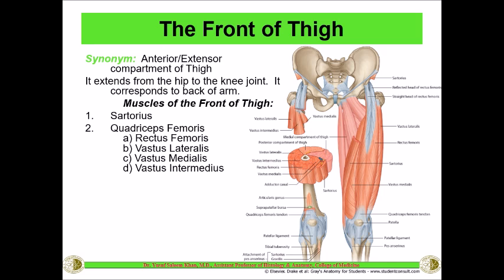Quadratus femoris is present in the gluteal region, and the name quadratus has come because of the quadrilateral shape of that muscle. But here, in the front of the thigh, we have quadriceps femoris, not quadratus, where quadra means 4, ceps means heads.